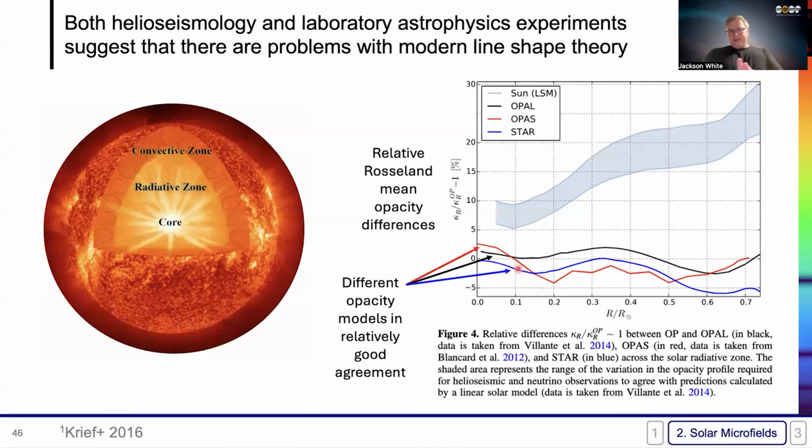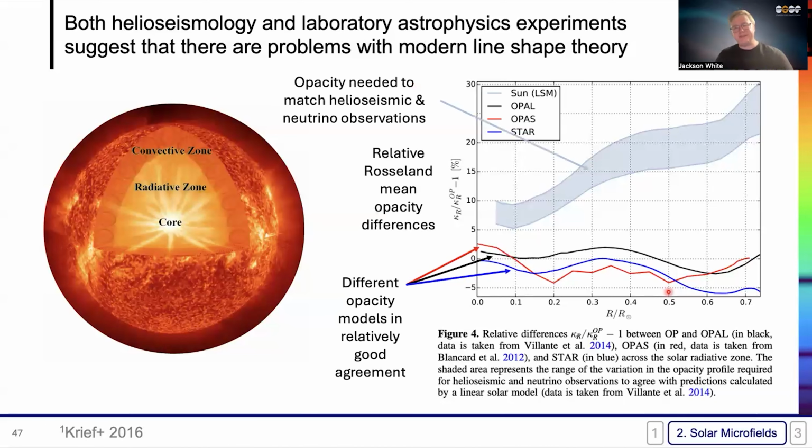Now, the three different models here in the bottom, these are different opacity models. One from Livermore, one from the French CEA, and one from an Israeli university. And for the most part, these opacity models are all in pretty good agreement with each other as to what the opacity should look like inside the sun.